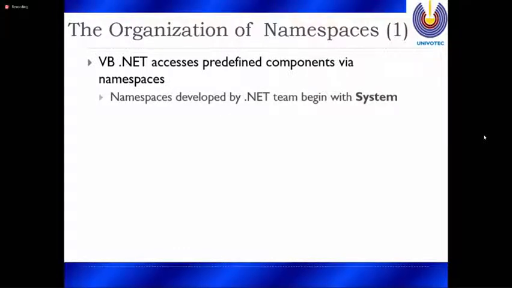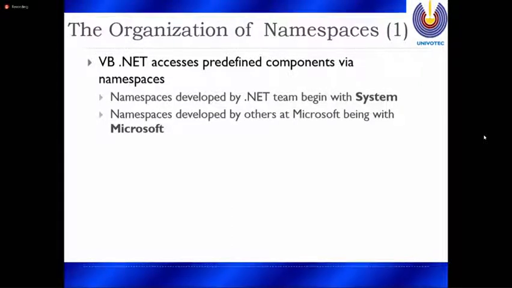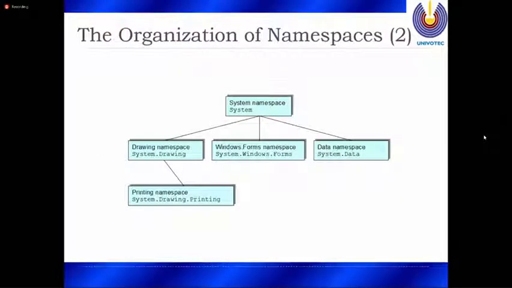The namespaces developed by the .NET team begin with System. We already import some libraries using System. Namespaces developed by Microsoft begin with Microsoft. The namespaces are organized hierarchically. Here you can see the namespace System, and under that we have many categories.